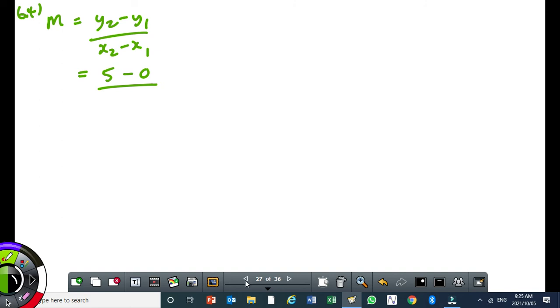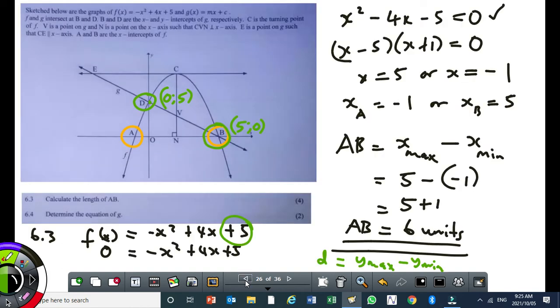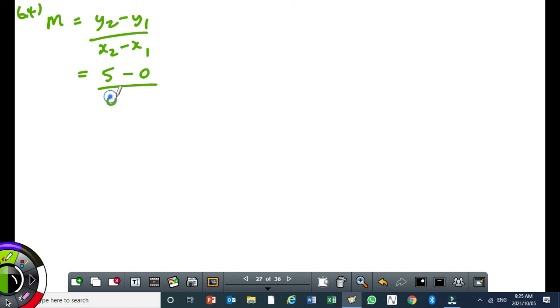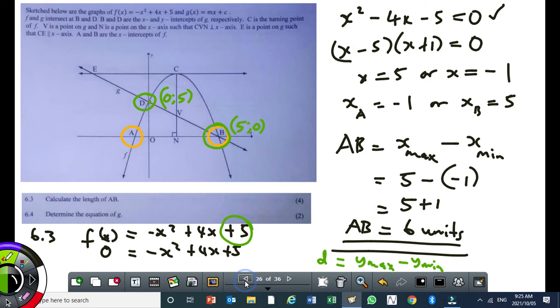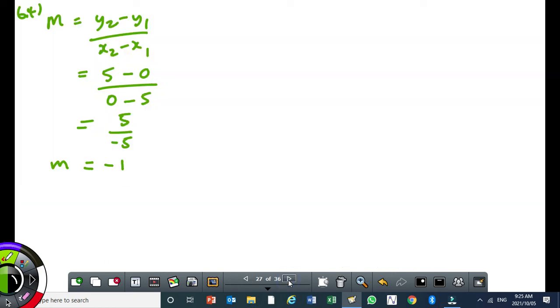Then my x2 is 0, so 0 minus 5. I hope you are following me. So you get 5 divided by minus 5. You get minus 1. And common sense must tell you that the gradient of a line which slants to your left has to be negative. You can't get a positive gradient for a line like this. It has to be negative. So I found my gradient.